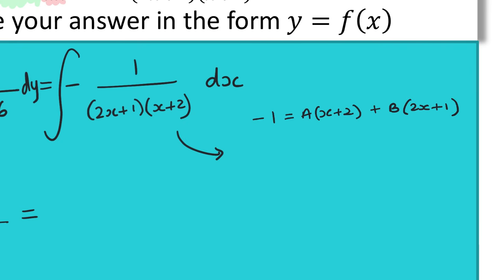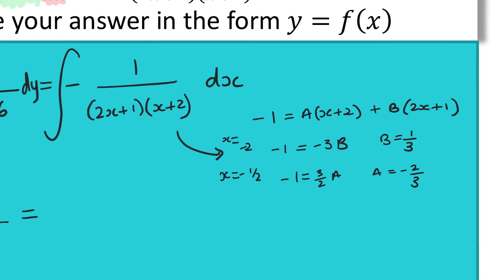So if we substitute in x equals negative 2, I get minus 1 equals negative 3b, so b equals a third. Then if I substitute in x equals negative a half, I get minus 1 equals 3 over 2a, so a equals negative 2/3.